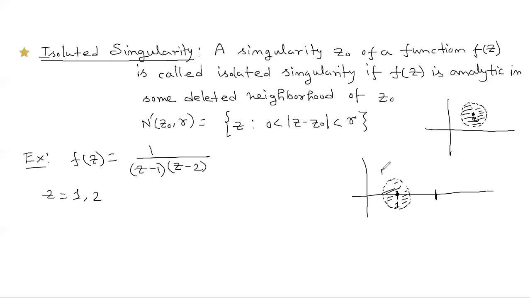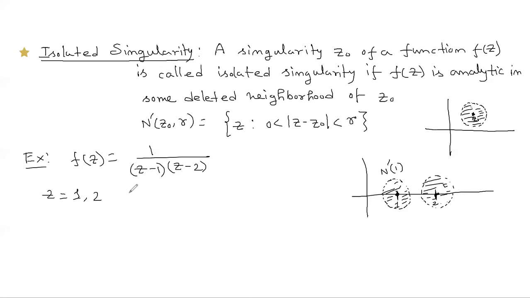So we can form a deleted neighborhood of 1 where the function is everywhere analytic. That is, this neighborhood does not contain any other singularity of the function f(z). Similarly, about the point 2, also we can form a neighborhood where the function is everywhere analytic except the point 2. So there is no other singularity of the function f(z).